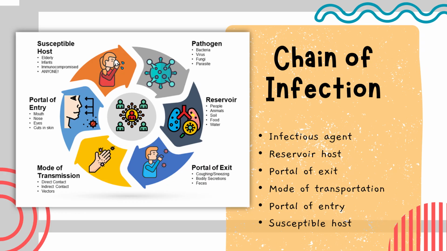Number 6 is the person that the pathogen just went into. They have to be susceptible. So that person is at risk for an infection. Some risk factors include age, either the very young or very elderly, chronic illness, immunosuppression, poor nutrition, stress, any breaks in the skin, any type of invasive device like an IV or Foley catheter.